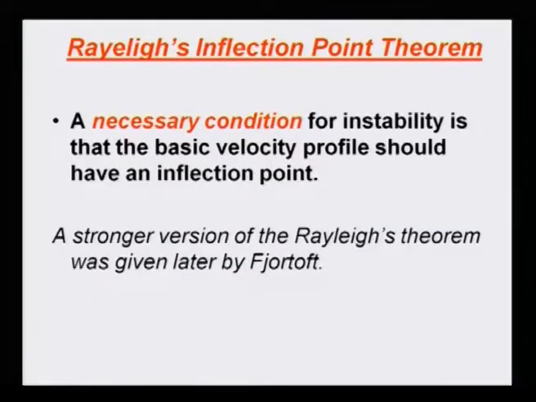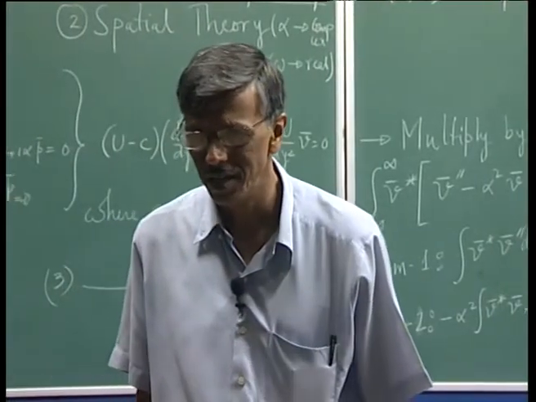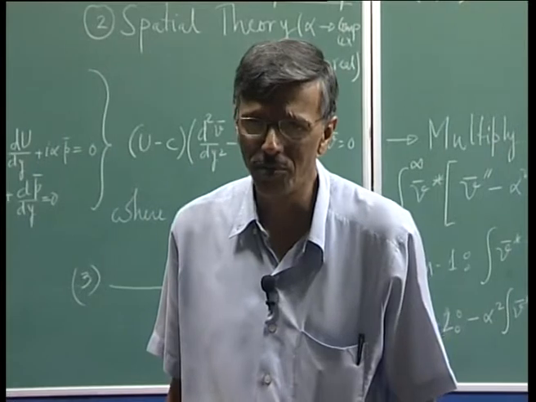So, this Rayleigh's inflection point theorem gives us a necessary condition that the second derivative must vanish, or there must exist an inflection point, and this inflection point has to be in the interior of the domain. It will not be necessarily at one of the ends of the domain.